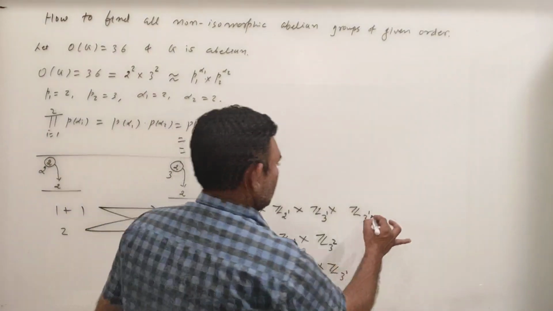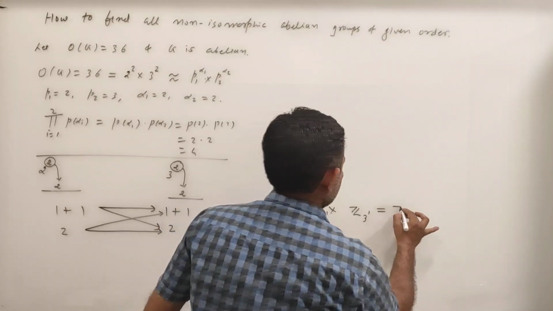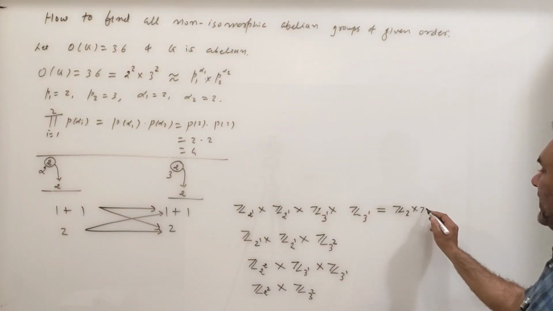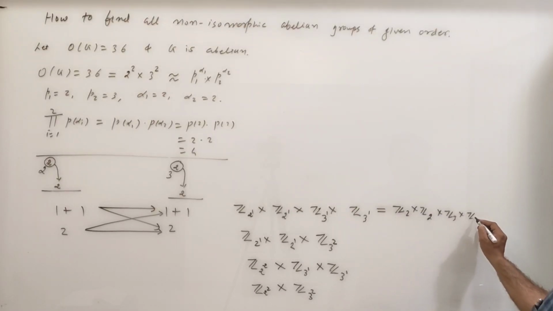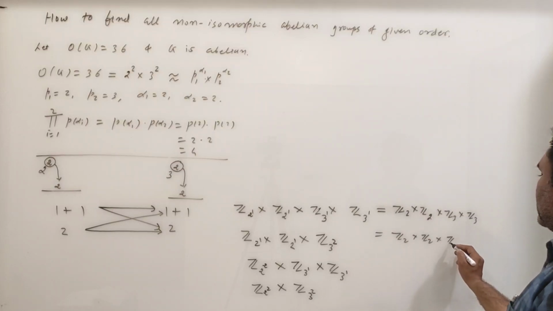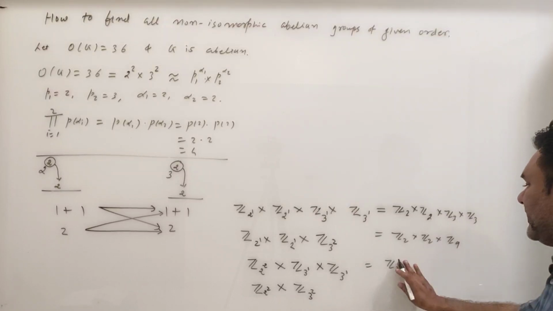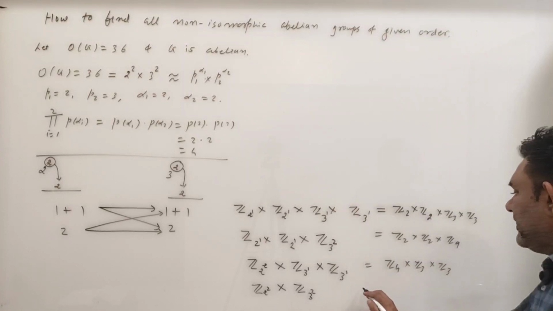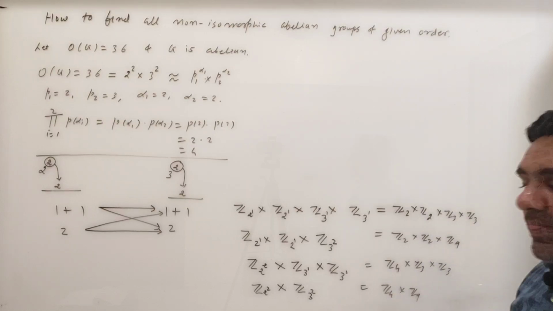So if you rewrite, then it is what? This is equal to, I just remove the indices, so Z2 cross Z2 cross Z3 cross Z3, and this one is Z2 cross Z2 cross Z3 square, that is Z9, this one is Z2 square, that is Z4 cross Z3 cross Z3, and this one is Z4 cross Z9.